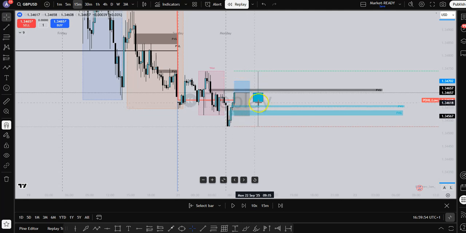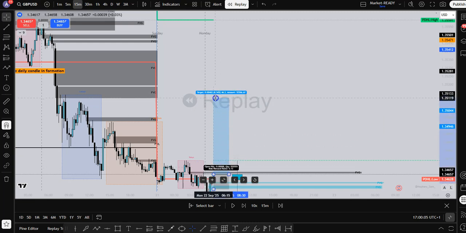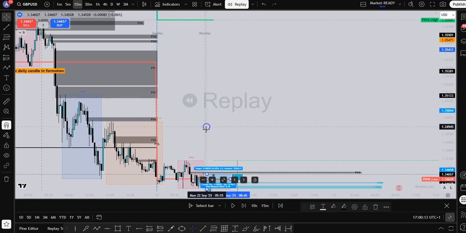As you can see, my entry is not exactly in the wick of the daily candle, but I'm still in the range of it, and I would more likely, no, 1 to 5, make it 1 to 3. We'll see what we'll have.